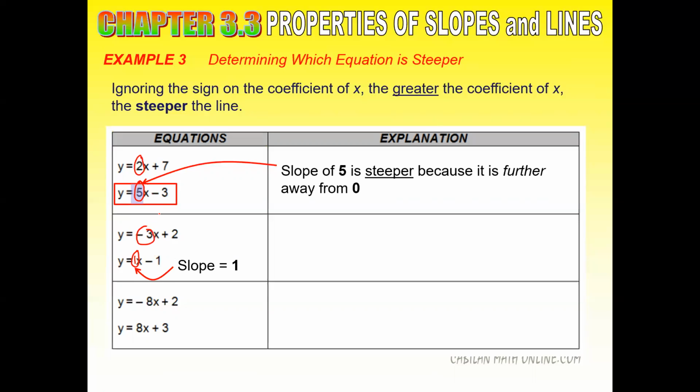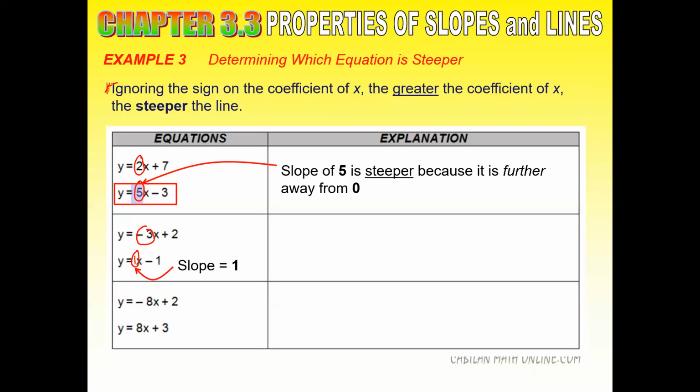Now, if you take a look at what I've written above, it says ignoring the sign of the coefficient of x, the greater the coefficient of x, the steeper the line. So if you take a look at the negative 3, just ignore the negative for a moment and focus on the 1 and the 3.